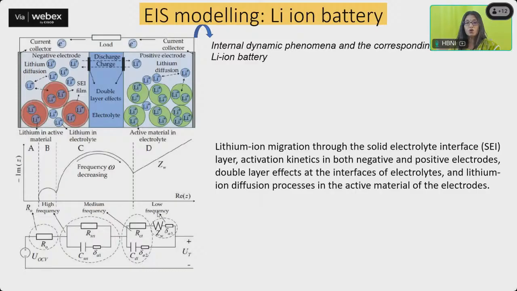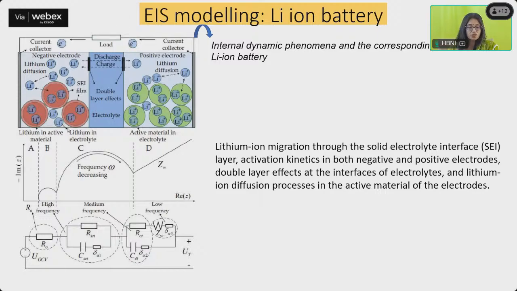It is definitely not showing that ideal thing. And why is this happening? Because you're having all these different processes which are not separated. They are intermingling with each other, and that is why you see this kind of practical EIS spectra when you are doing an EIS for a lithium ion coin cell.